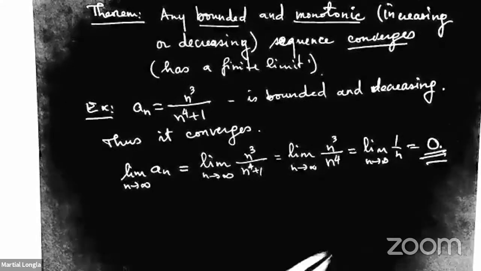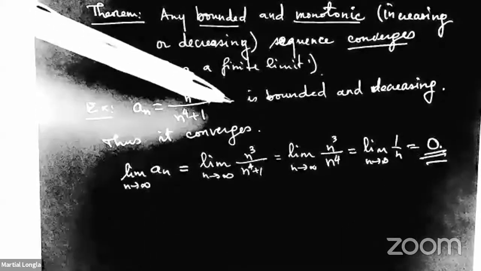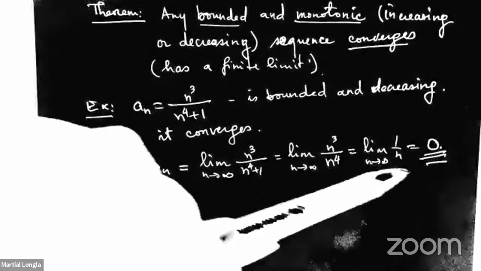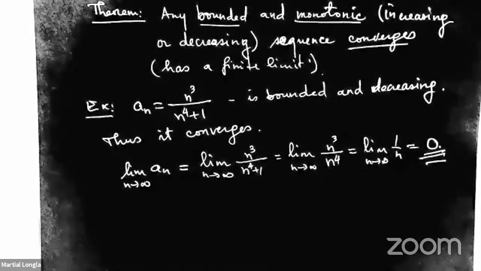Of course, it has to be a finite number because we already showed here that it converges. If it converges, it means that the limit exists and it's a finite number. And we just found that it's 0.